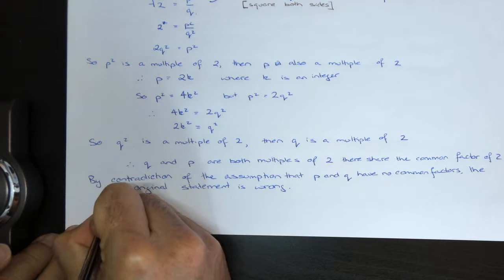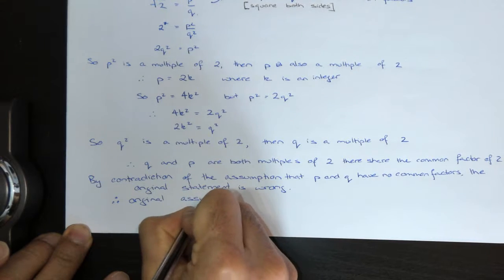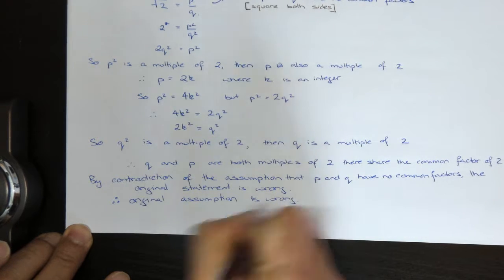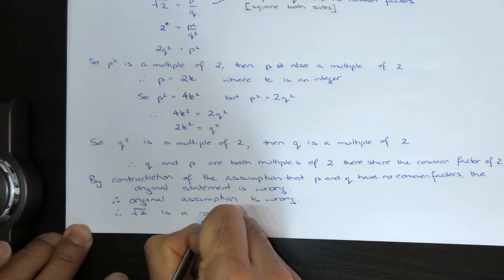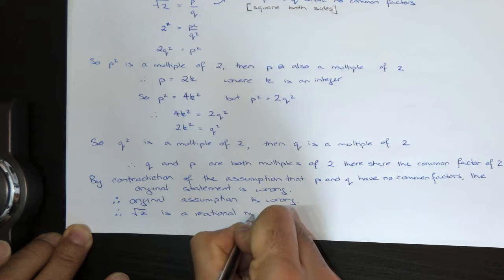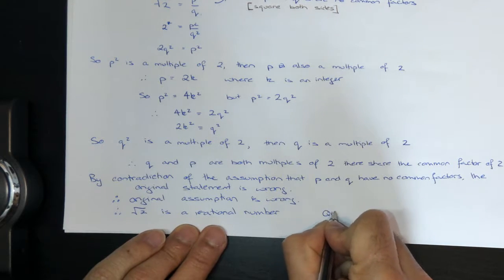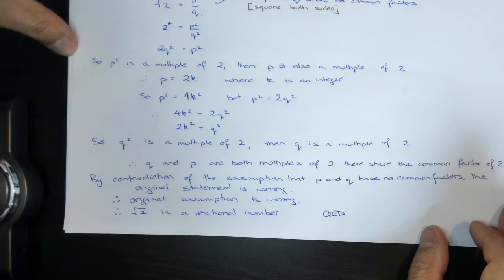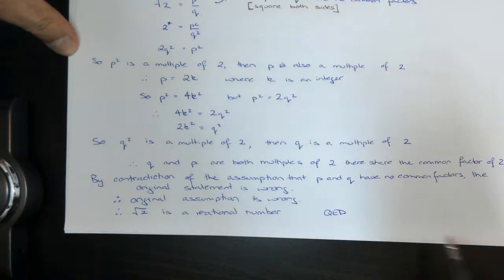So therefore, the original assumption is wrong, and therefore square root 2 is an irrational number, QED. QED stands for Quod Erat Demonstrandum, which means as required to prove, as demonstrated to the proof.